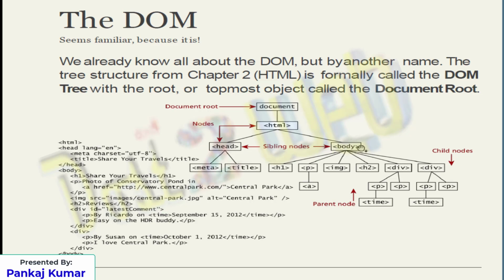And as a sibling node, you have the body tag. In the body tag there are so many child nodes, like the elements we have studied: H1 to H6, paragraph, image, division, whatever you want to use. If you are using any other node below that, that will again be a child node, and the remaining is the parent node. This is your DOM tree.